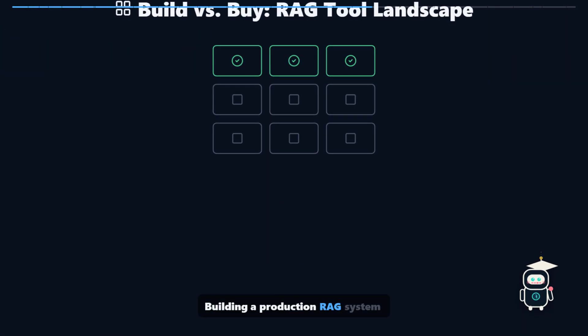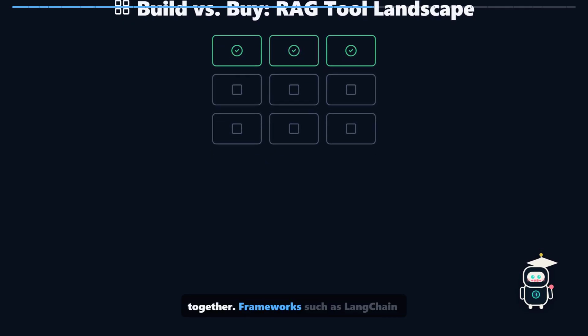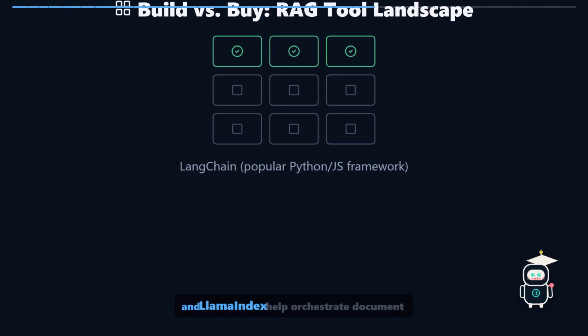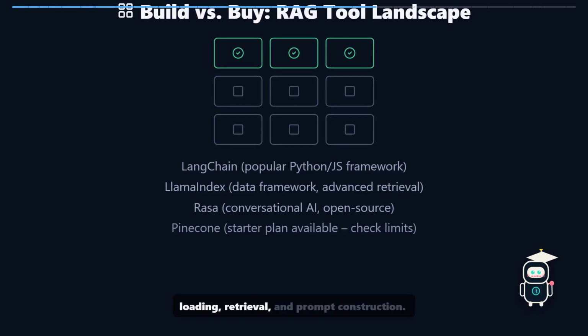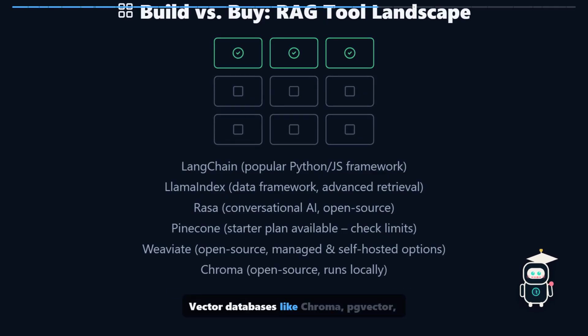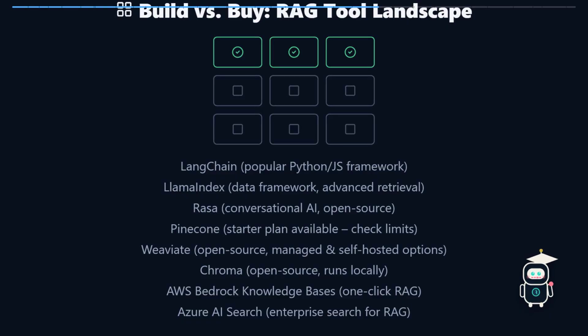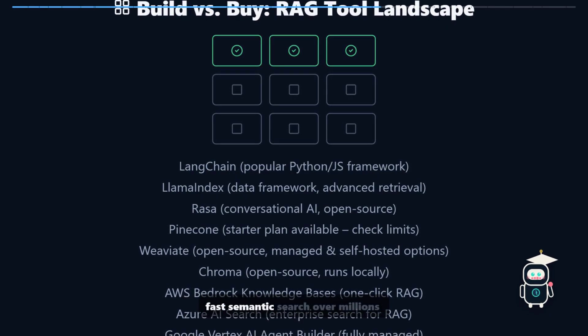Building a production RAG system involves several layers that work together. Frameworks such as LangChain and Llama Index help orchestrate document loading, retrieval, and prompt construction. Vector databases like Chroma, pgvector, Weaviate, Pinecone, and Milvus provide fast semantic search over millions of embeddings.